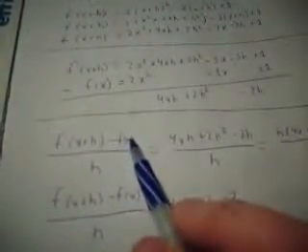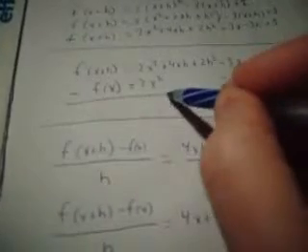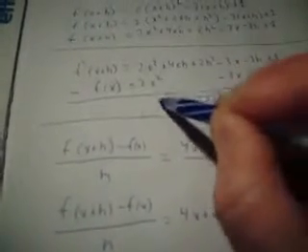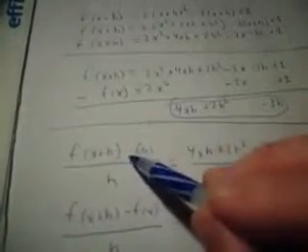We've got it listed right here. When we subtract this from this, we get 4xh plus 2h squared minus 3h. But we're not done here. Now, we have f of x plus h minus f of x over h. The result of this is right here. This here is the result of this.